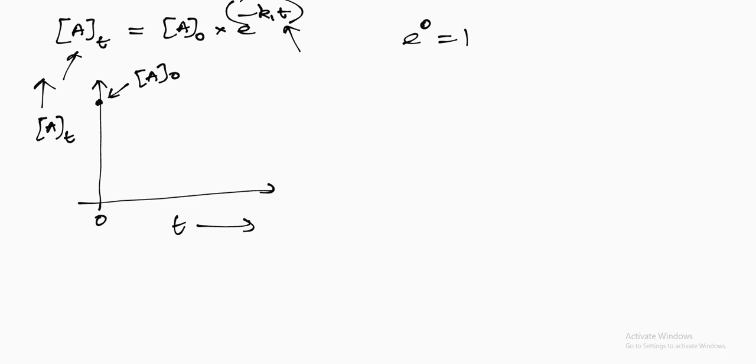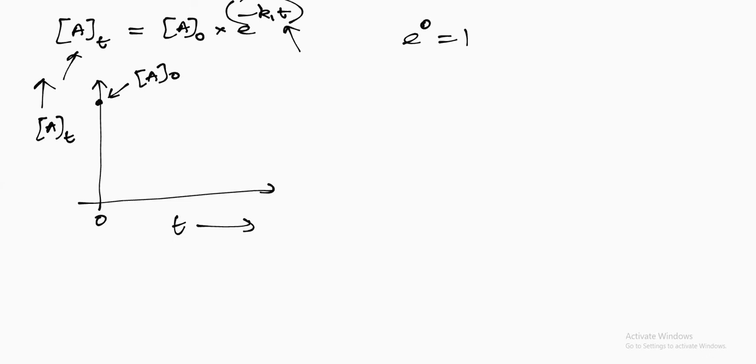Then as the time increases, we have e power minus Kt. That means the concentration decreases exponentially, not linearly. In the case of zero order reaction, concentration decreases linearly, right? For zero order, we had discussed already.